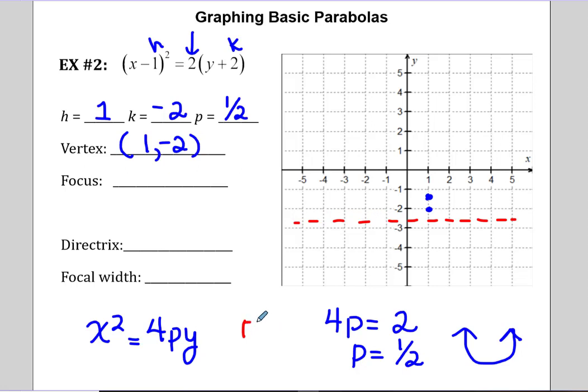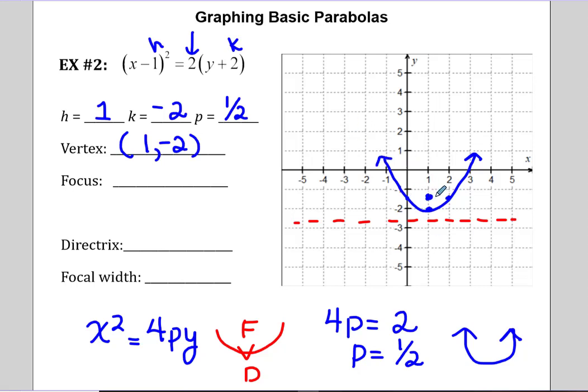So we have a focus, a vertex, and a directrix with the parabola going this way. And then we want to go 2 units up from the focus point, 1 to the right and 1 to the left. And this is where we get our curve.